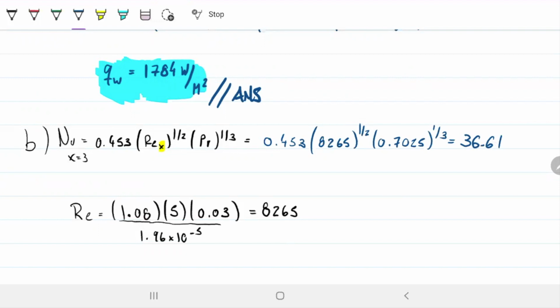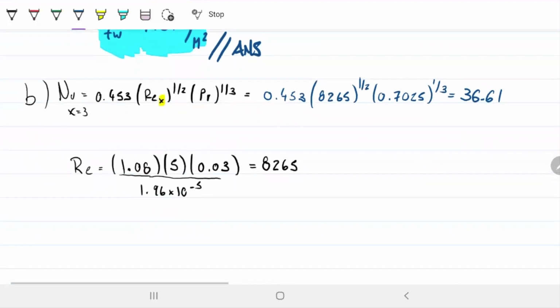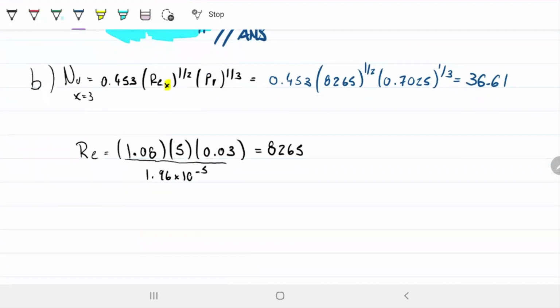If my Nusselt is 36.61, then my H is trivial, right? Let's do it in big bold letters now.